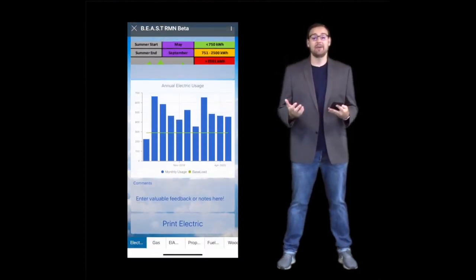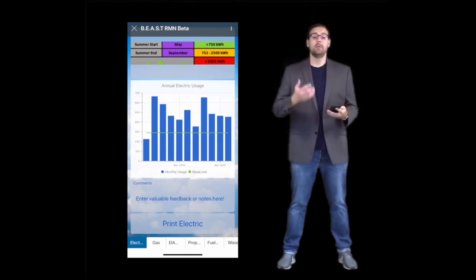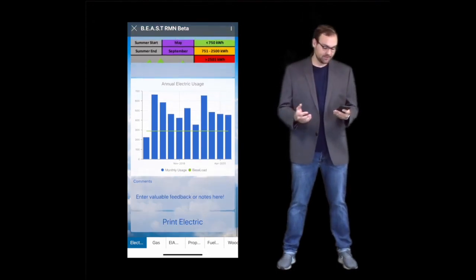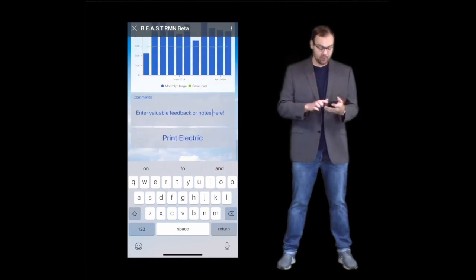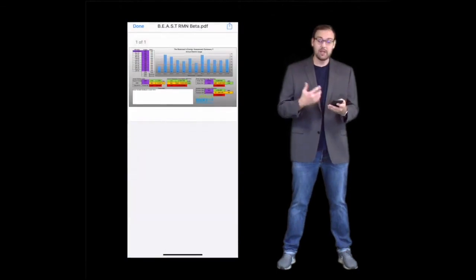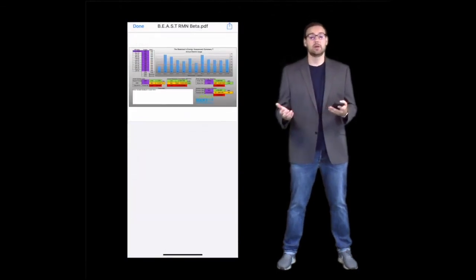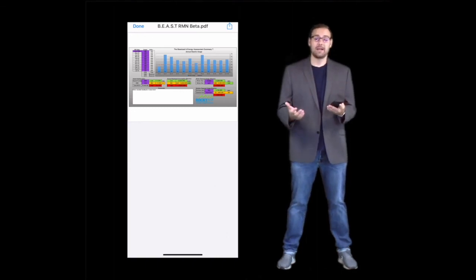It generates a nice graphic right in the app that demonstrates both base load and usage month by month that you can share with your clients to open better dialogue about their energy usage. You can also enter your valuable comments, notes, and feedback right into the comments section on the app. When you're done, you can save by hitting the print button, and you can either print out a copy to distribute to your clients, or save to a file on your local device so you have future access to that customer's information.